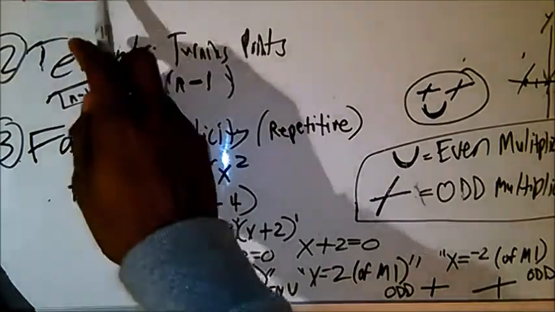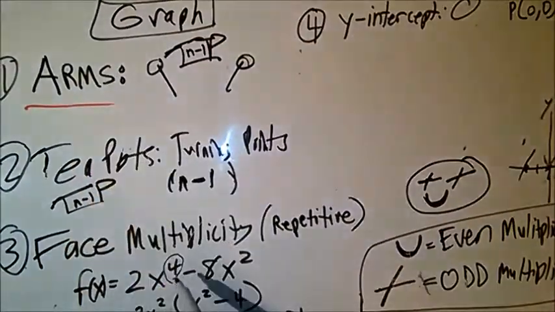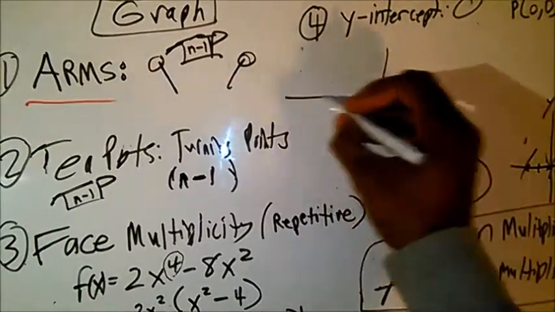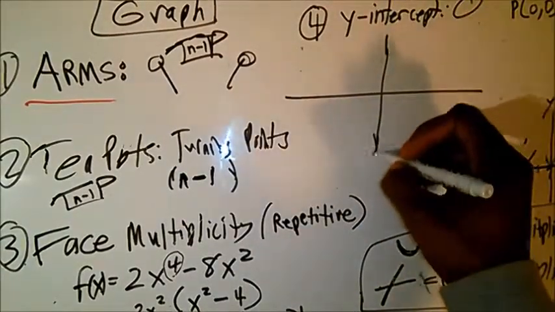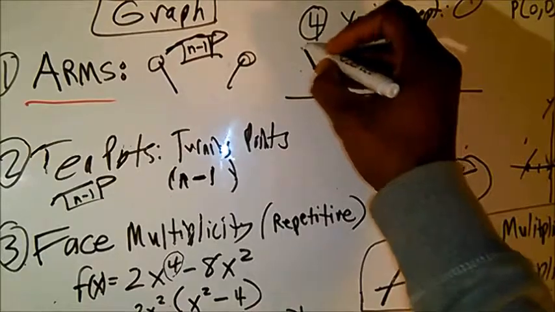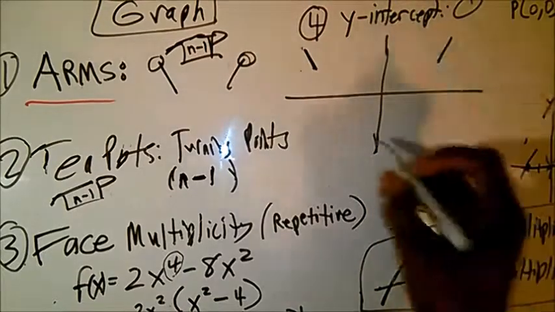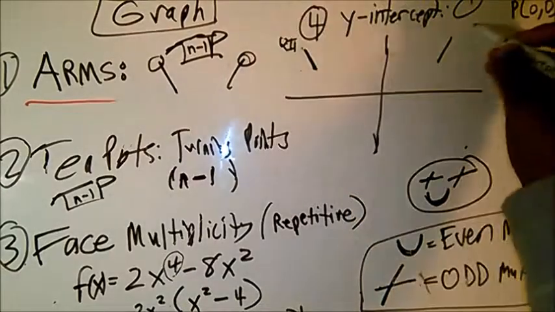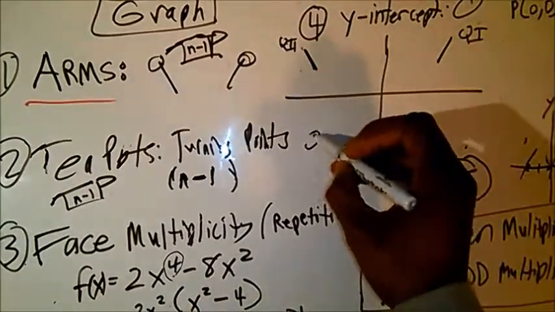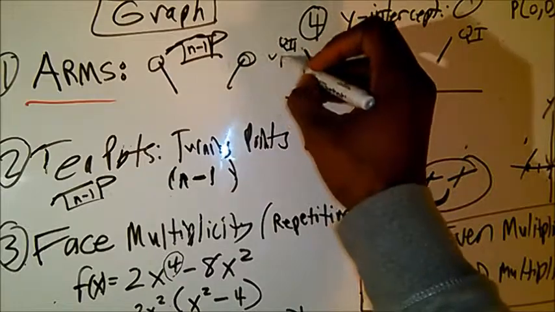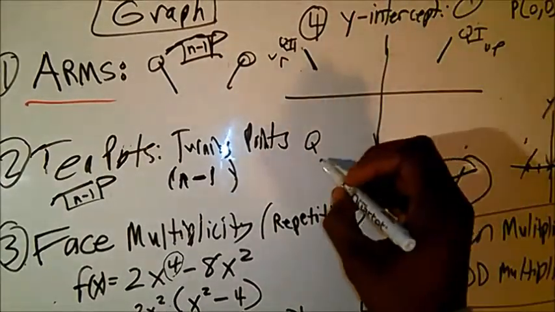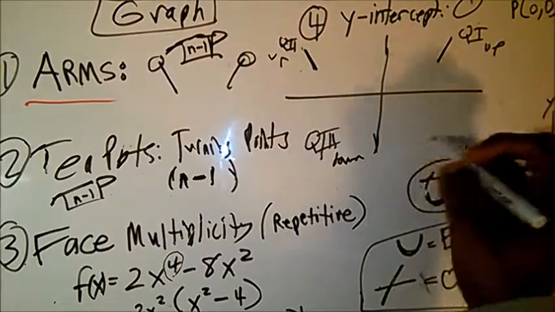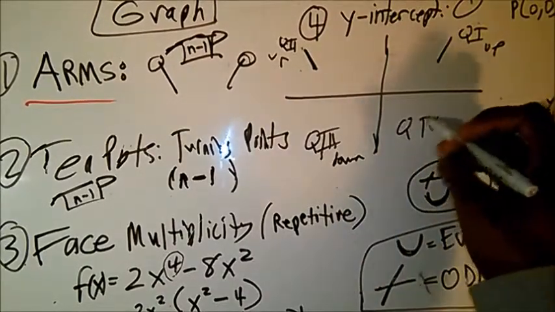So if we look at the arms of this function, this is quadrant 1 and quadrant 2, which are the up areas. This is quadrant 3, and quadrant 4 is also a down area.